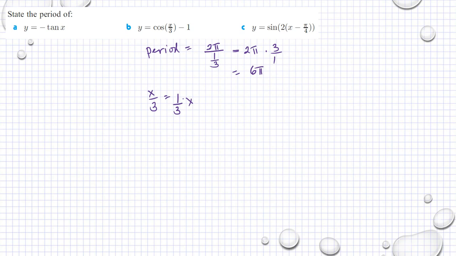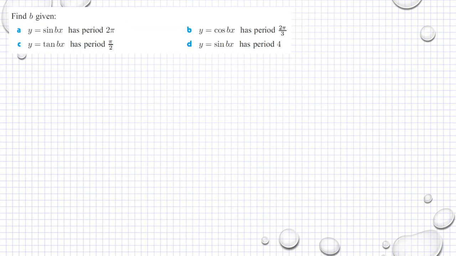Okay, let's see if we can find some more examples. We have the cosine, the b here, has period 2 pi divided by 3. So we have 2 pi divided by 3 is equal to 2 pi divided by b.